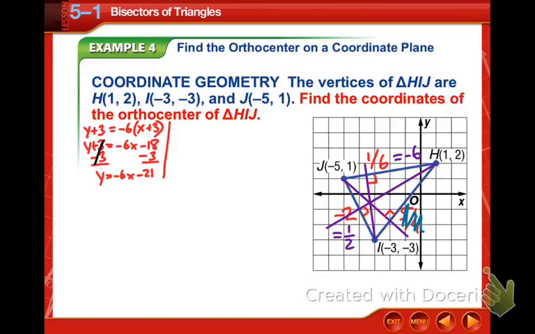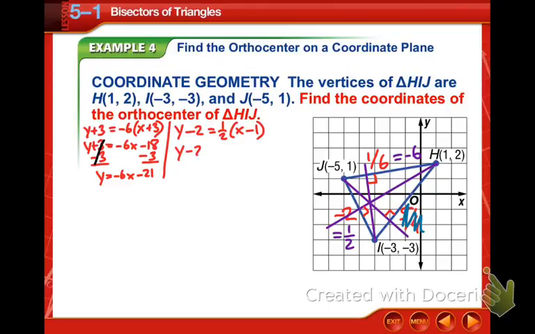We need to do this one more time. This time for the point at h and our slope, not negative, 1 half. So y minus y1 here is 2 equal to 1 half times x minus 1, or x1. Then I'm going to distribute the 1 half. I'm also going to change it to decimal in the process.